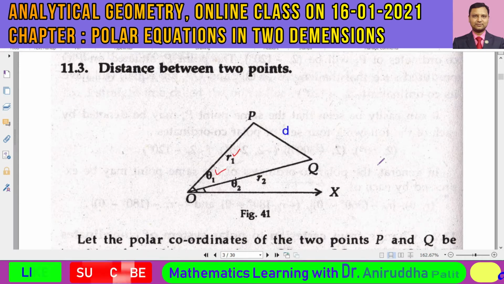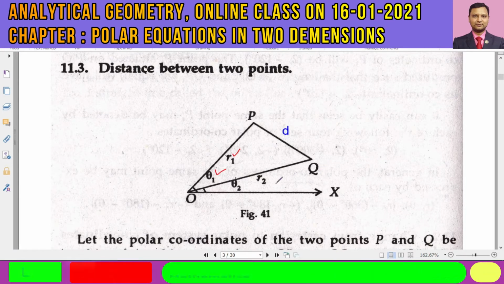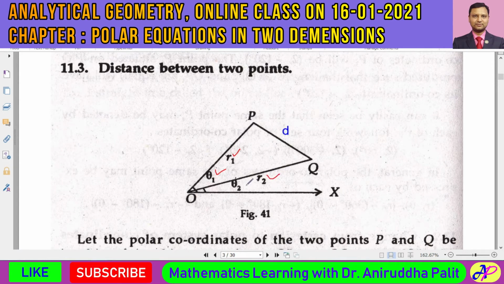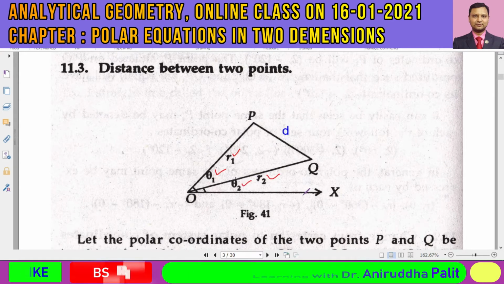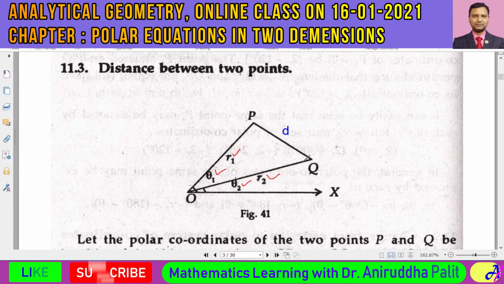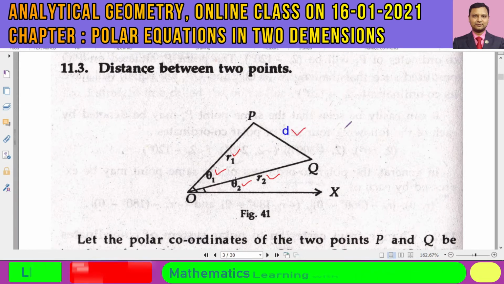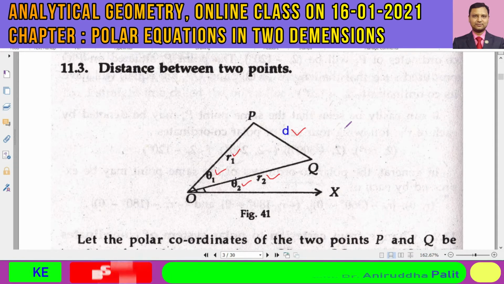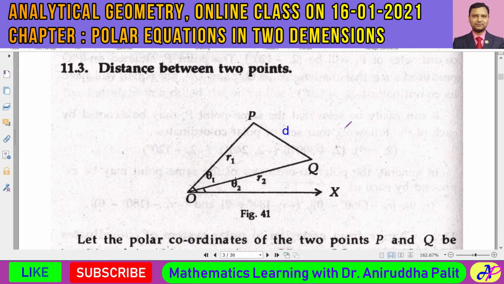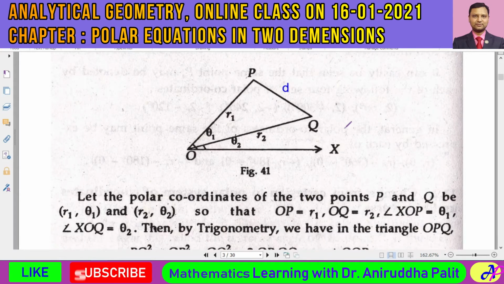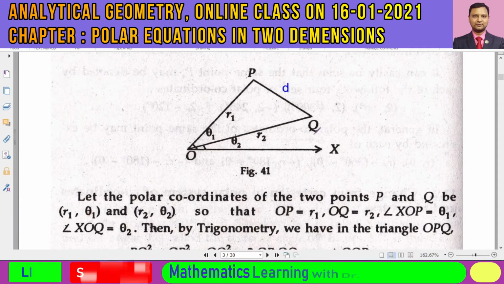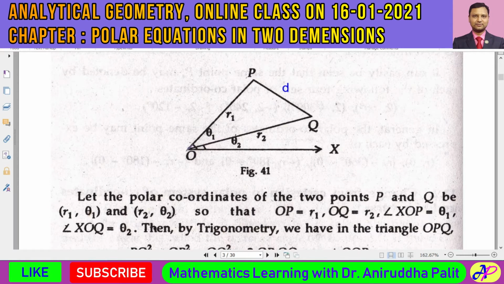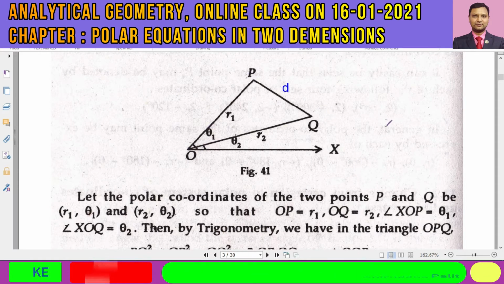Be careful about it. Now, suppose the polar coordinates of the point Q become r2 and theta 2. Then the question is, what is the formula for evaluating this distance d between the points P and Q? You see, we can consider this triangle, the triangle O, Q, and P.